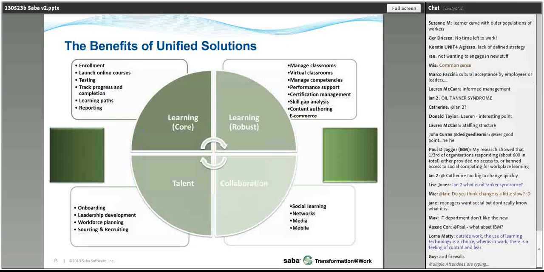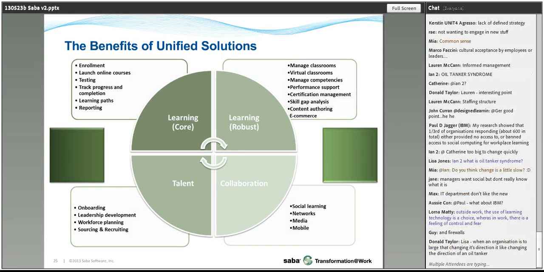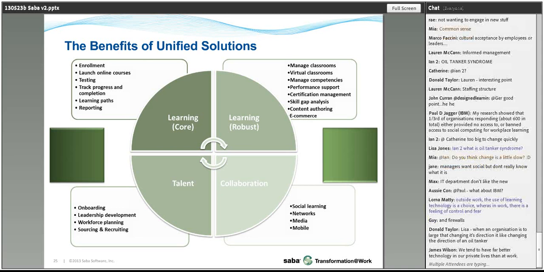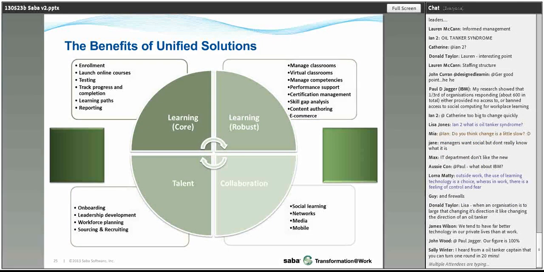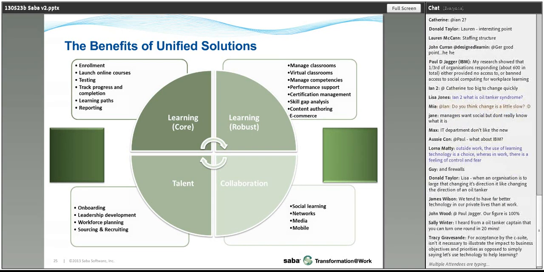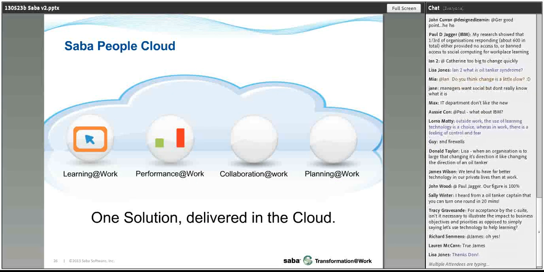What we believe is that you should be looking at a single unified solution that brings all these different elements together, which can cover the social side, but also the more formal learning, and then the talent management, and all those different aspects of providing an environment where your workers can engage, thrive, and learn.